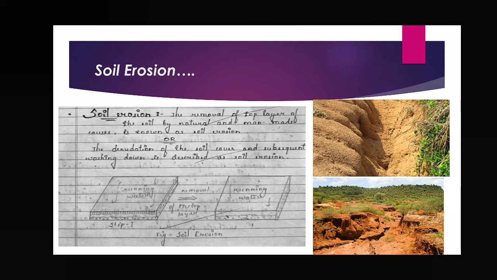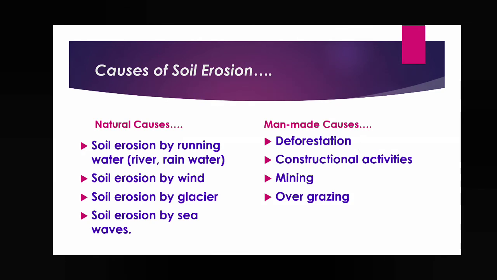So, causes of soil erosion. I have already told, soil erosion is mainly caused by two things, natural causes and man-made causes. Natural causes means by running water, that means river, rainwater, or by wind, or by glacier, or by sea waves. And man-made causes, when we are doing deforestation, we know very well, the roots of the plants hold the soil, make it compact and protect it from soil erosion.